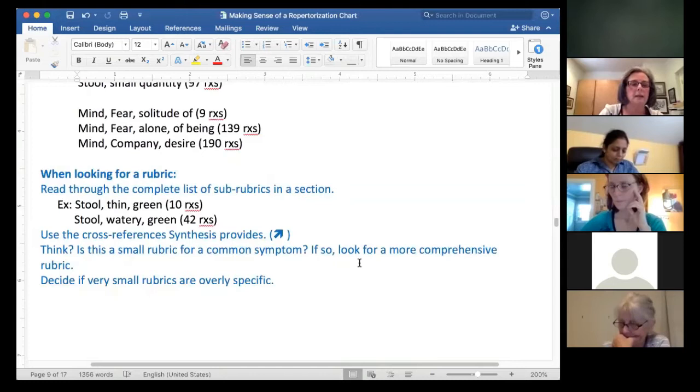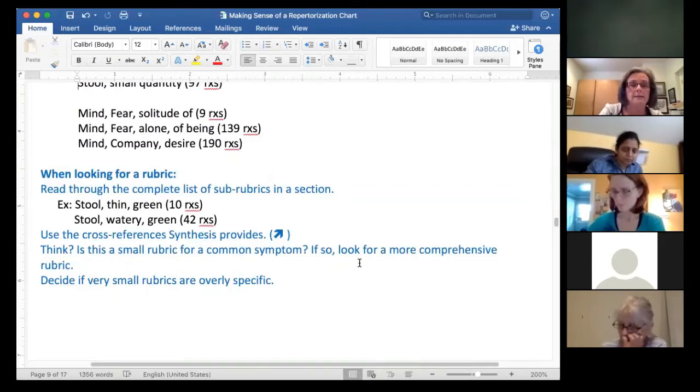So one example is stool thin green is 10 remedies. Stool watery green, if you go a little farther down the rubric, is 42 remedies. So just watch for that because it does pop up.